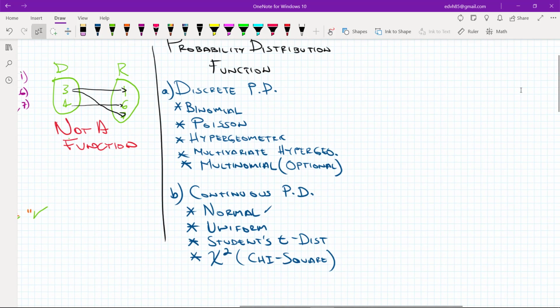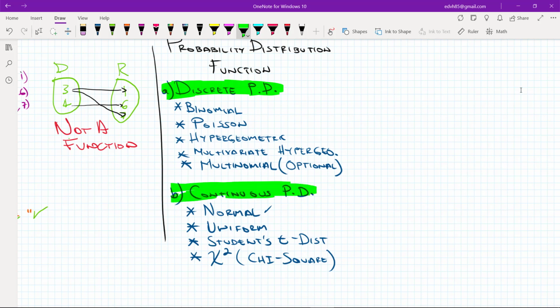For probability distributions, we are essentially classifying them into two groups. Letter A, discrete probability distributions, and letter B, continuous probability distributions.